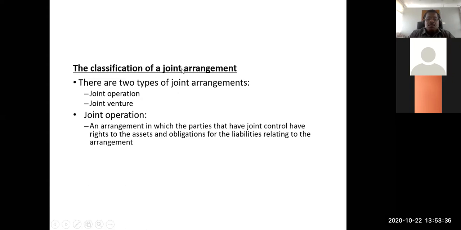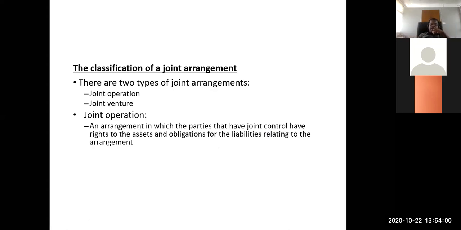The classification of a joint arrangement. There are two types of joint arrangement: joint operation and joint venture. A joint operation is an arrangement in which parties that have joint control have rights to the assets and obligations for the liabilities related to the arrangement. You have to understand this very clearly.